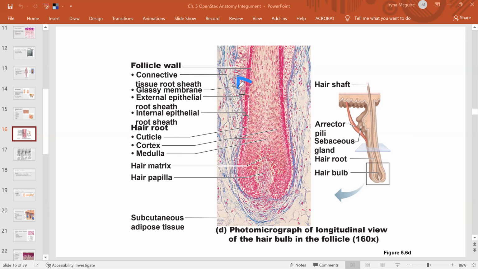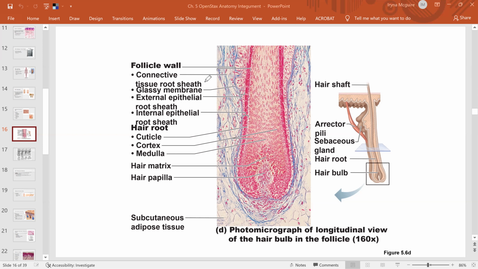So this kind of darker part, this is the epithelial hair sheath or root sheath. You can call it epithelial root sheath or epithelial hair sheath. And then from here to here, this is the connective tissue sheath.